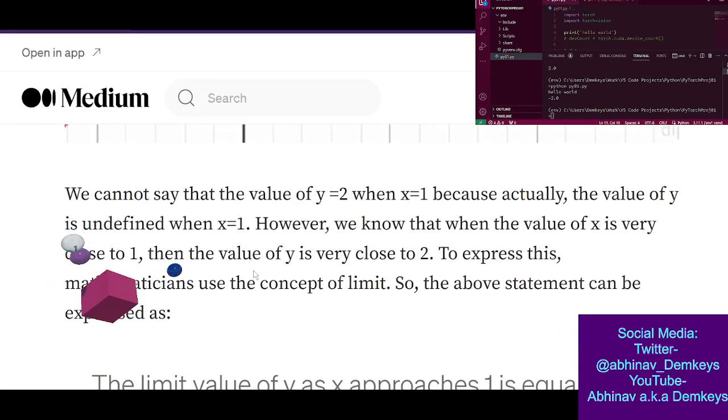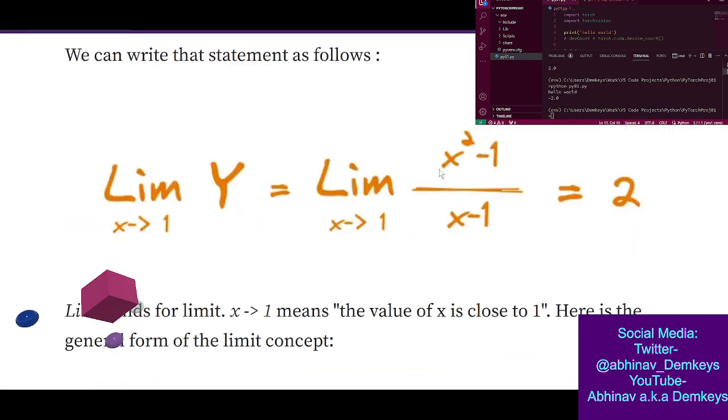Because then the function could be anything, right? It could be whatever algorithm, whatever equation we choose to put within the function. And then we are basically calculating the limit of that function as x approaches a certain variable. I think so.